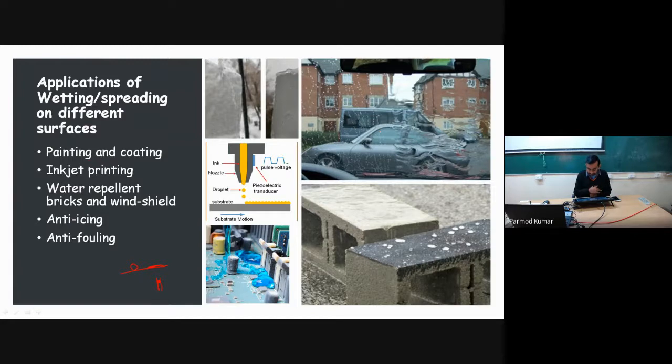If the glass has surface characteristics that repel water droplets, if it is super hydrophobic, allowing the water droplets to leave the surface on their own, that will be a good application, and it will save a significant amount of energy also.